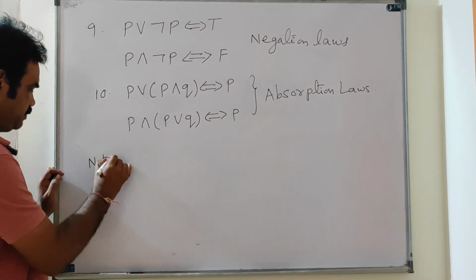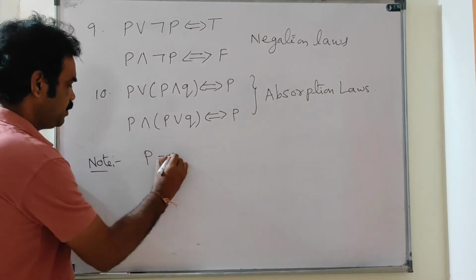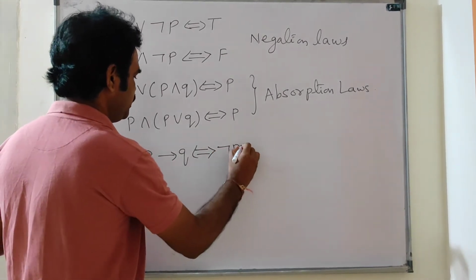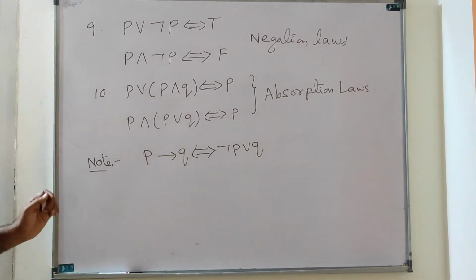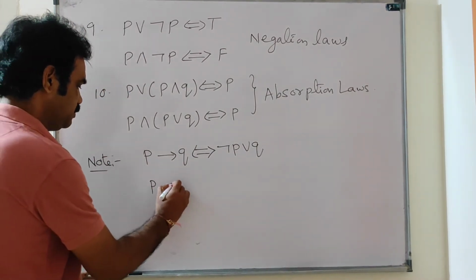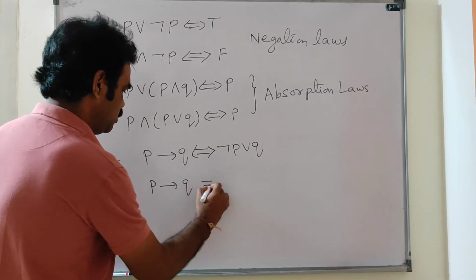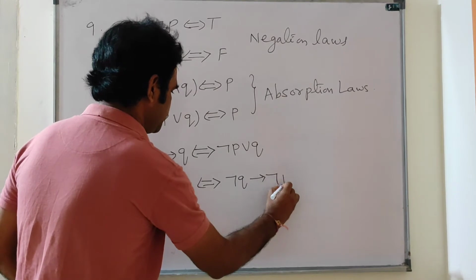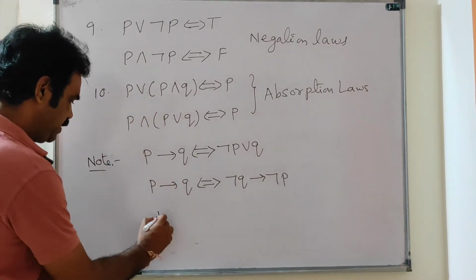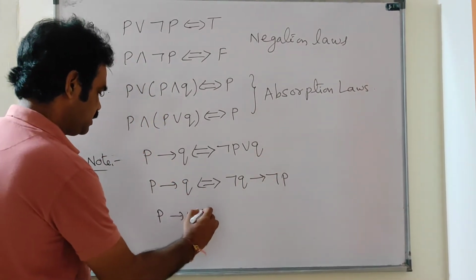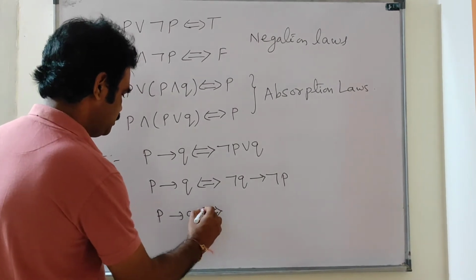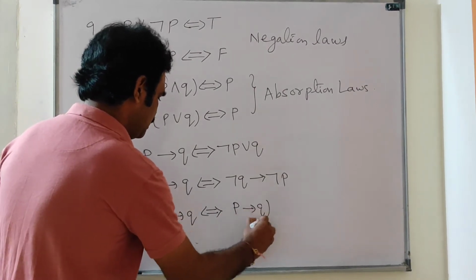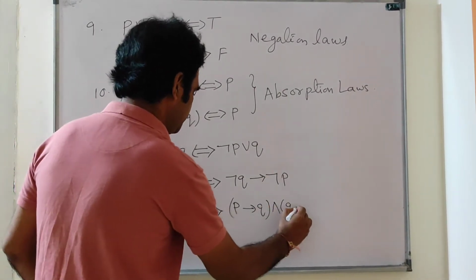Note, P implies Q is logically equivalent to negation P or Q. And P implies Q is logically equivalent to negation Q implies negation P. And P bi-implies Q is logically equivalent to (P implies Q) and (Q implies P).